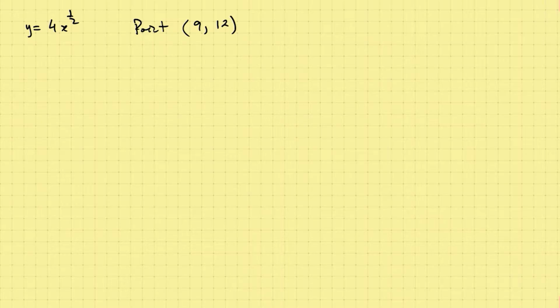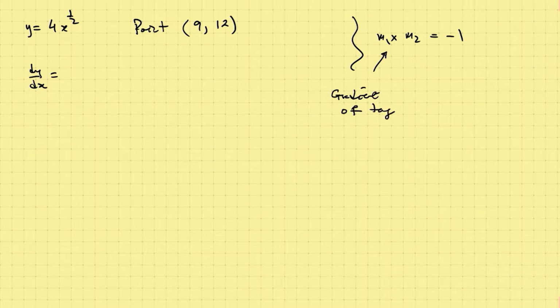So since we have that, we can differentiate it because we need the gradient of the tangent, because we're going to be using m1 times m2 equals minus 1, where I'll just repeat it one more time. This is gradient of tangent, and this is gradient of normal, right?